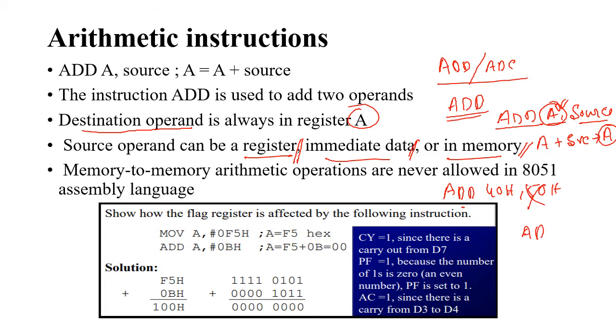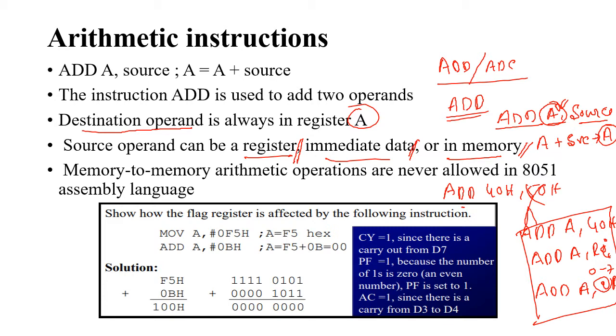Always you can have ADD A comma 40h, or ADD A comma R0 to R7, which I will write as Ri, where i ranges from 0 to 7, or you can have ADD A comma @R0 or any other, or immediate, ADD A comma #20h, and so on. All these instructions are valid except ADD 40h comma 50h. By looking at all these instructions, one thing is clear: the destination register should always be the accumulator.